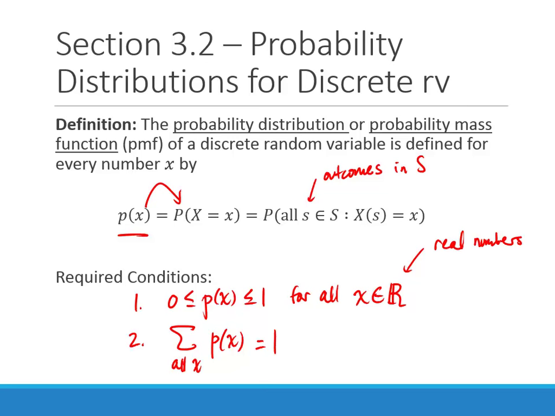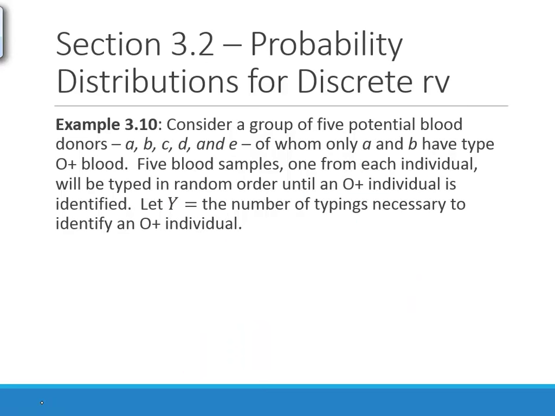Let's take a look at an example here. So we want to consider a group of 5 potential blood donors. A, B, C, D, and E. We'll label them. Just have 5 people, each labeled with a letter. Of these, only the first 2, A and B, have O positive blood.